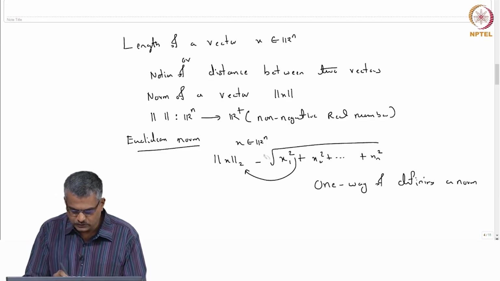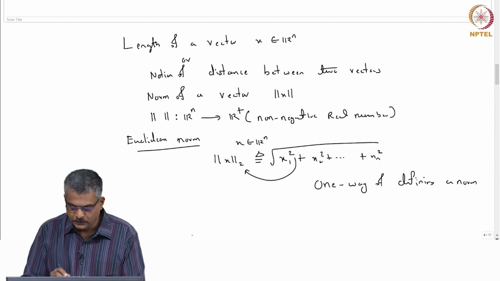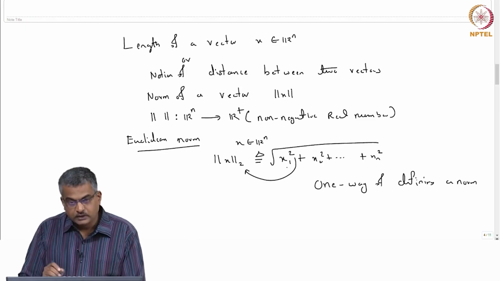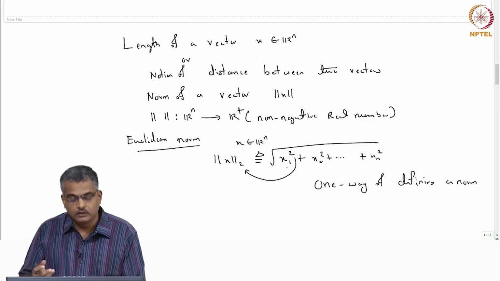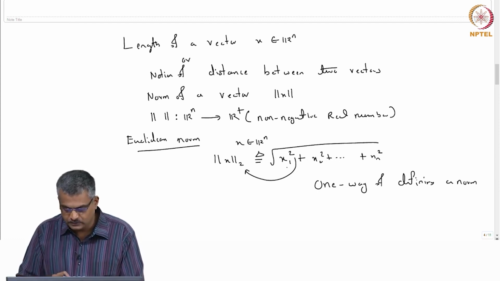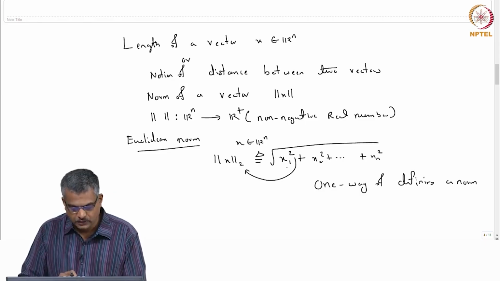I use this symbol to define an object. One can define a norm which may not necessarily look like this.